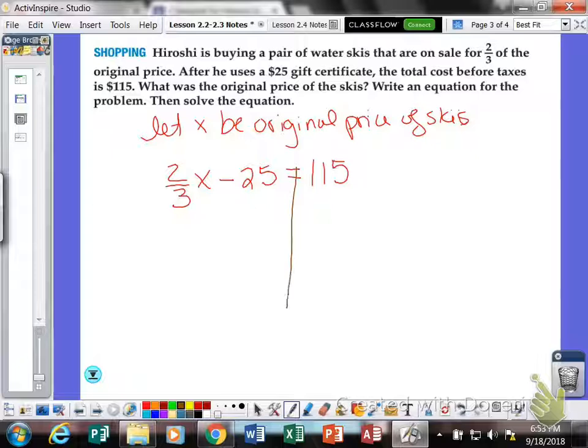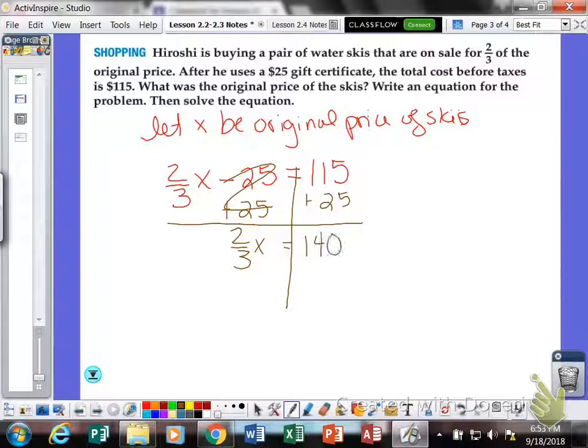I'm going to draw my line. I'm going to add 25 to both sides. Those are opposites, so they zero out. 2/3 x is equal to 140.